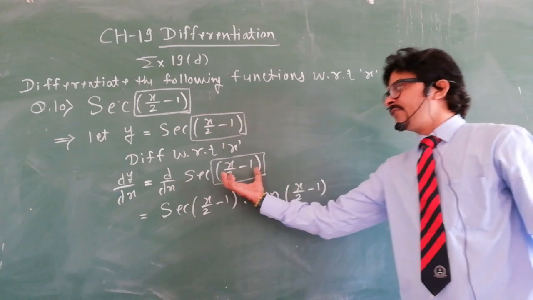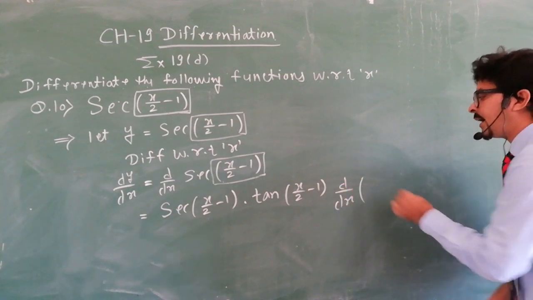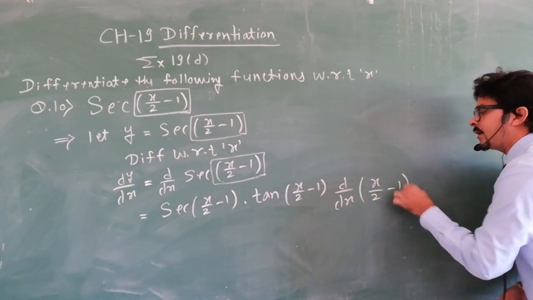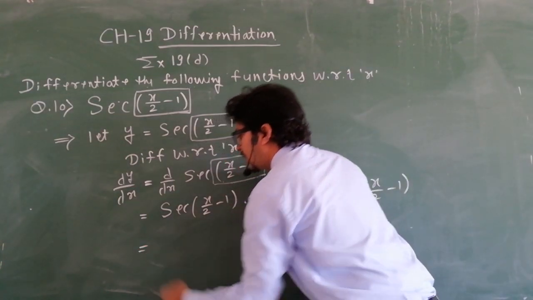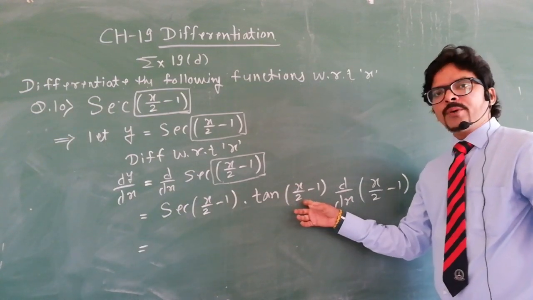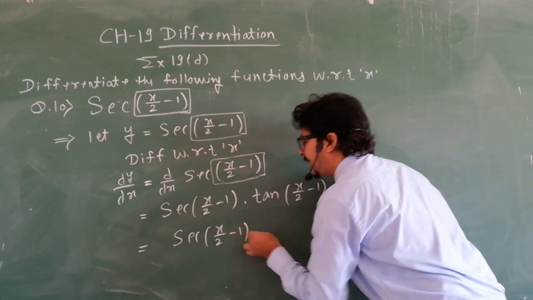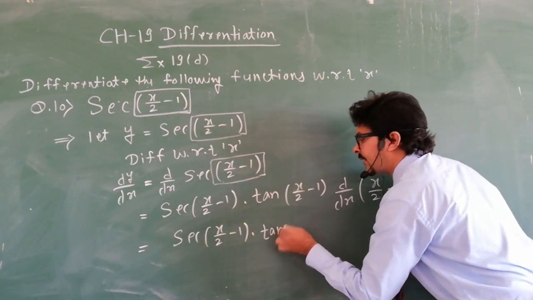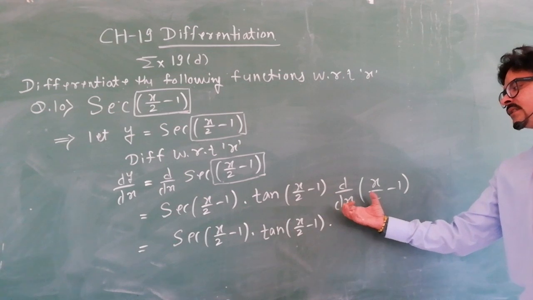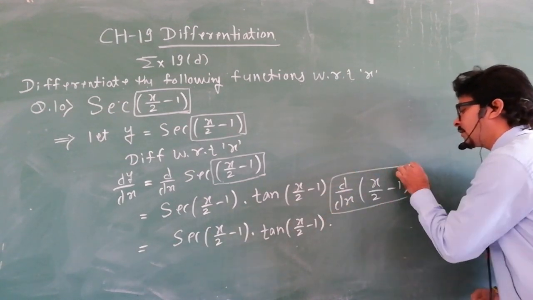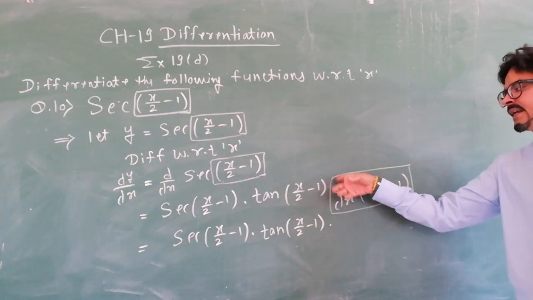Now if you observe, this is again a function, so again we need to differentiate this. We'll write d by dx of that bracket, which is x by 2 minus 1. After that, in the next step, this part we'll write as it is because there is no operation, so we'll write sec(x/2 - 1) into tan(x/2 - 1) into the derivative of this bracket. Here it is in the difference form of two terms, so derivative of the first term minus derivative of the second term.